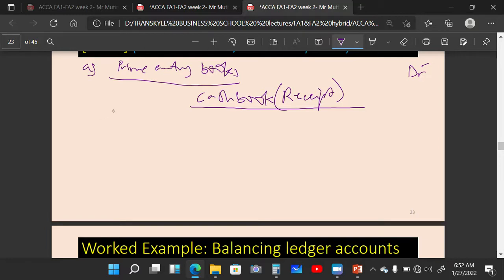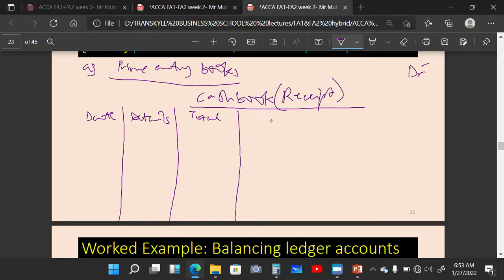Okay, so we have got the column for date, the column for details, and the total.